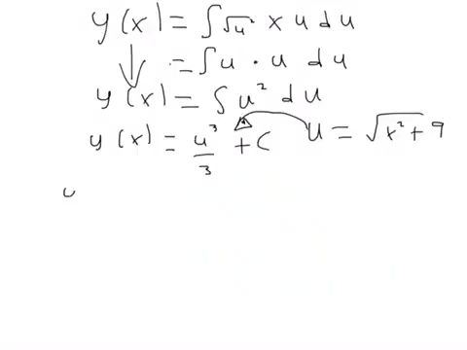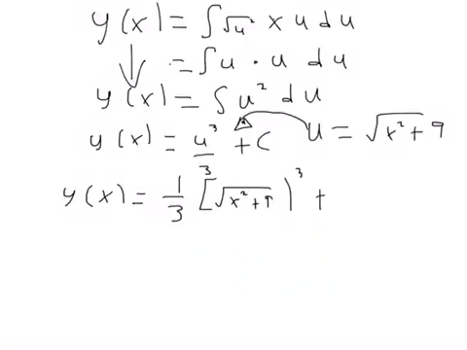So now you have y of x equals 1/3. I just pulled the 1/3 out. So 1/3 times the square root of x squared plus 9, all cubed, plus c.